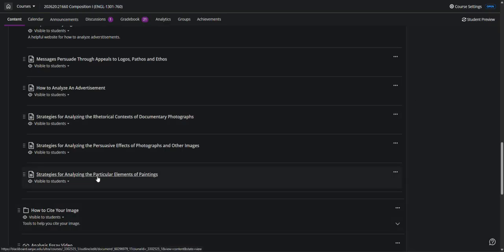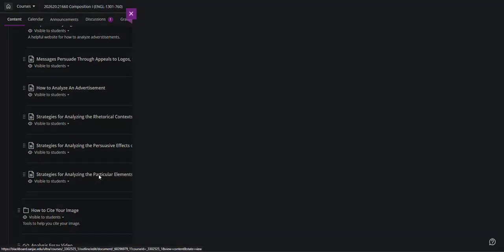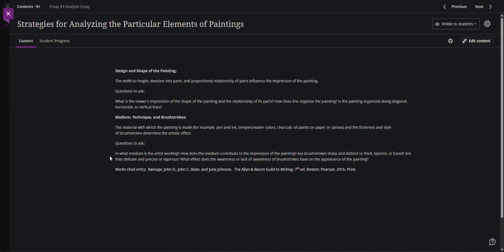Also, we have strategies for analyzing the particular elements of paintings. This is what I was thinking of. So the width and height, division into parts, proportional relationship, the impression of the painting. In other words, how did the painter do this? Did they use particular brush strokes? Did they use a particular medium?